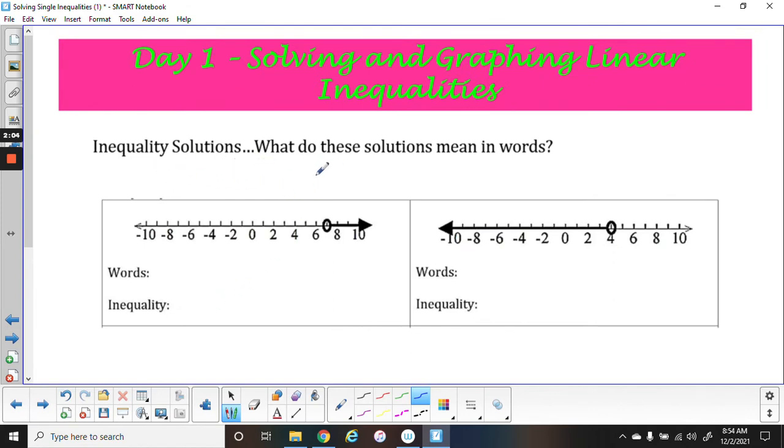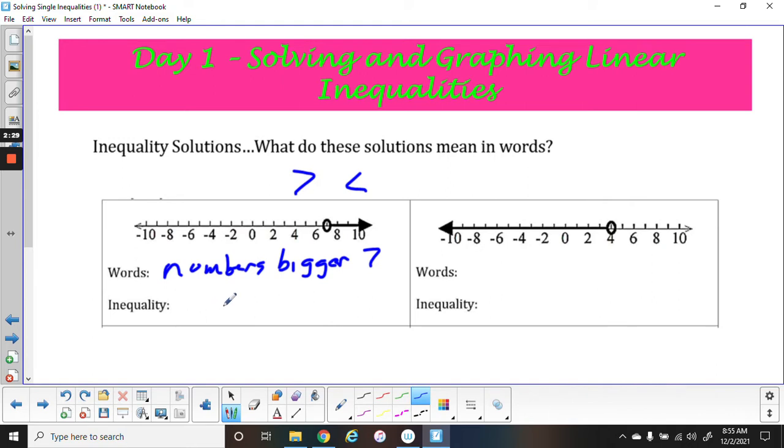Let's see, inequalities. What do these solutions mean in words? So if we looked at this, when you have an open circle, you're just going to use greater than or less than with no bar in it. If the open circle, so this would be numbers bigger than 7.